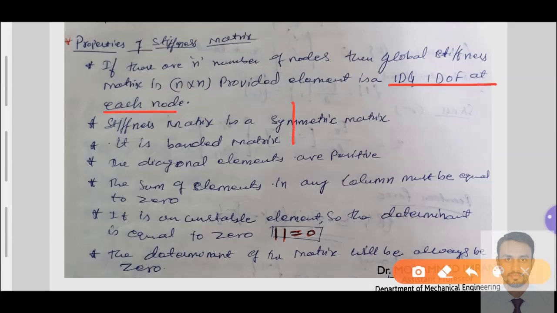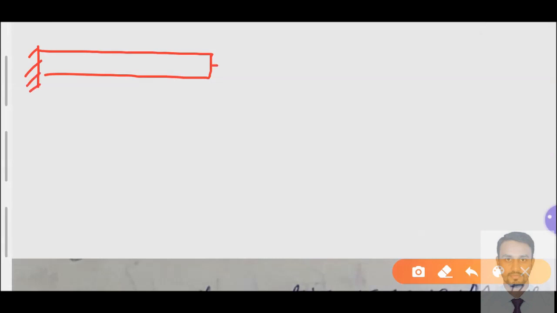Consider a bar element. One end is fixed, another end is forced. Represent along the x-axis from left towards right direction. This is also very much important. We will solve the problem.